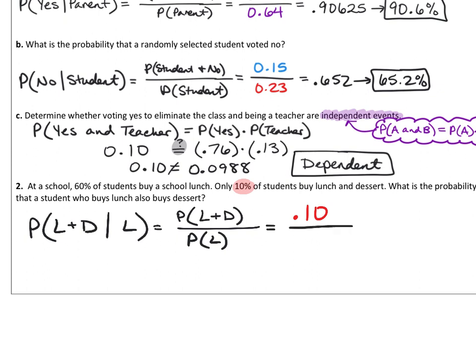What probability or percent of students just buy lunch in general? 60%. Oh, thank you for responding. Appreciate it. This is 0.10 divided by 0.60. Go ahead and turn to your calculators. What is 0.10 divided by 0.60?